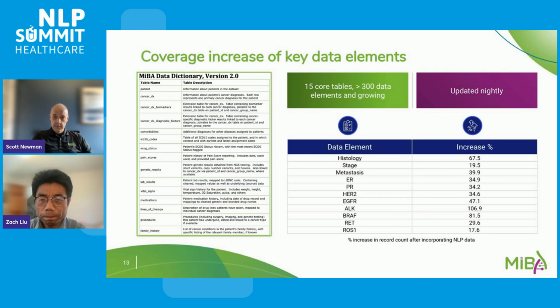So we get about 68% increase in histology if we pull data from notes and incorporate it into the data model. Staging is up to about 20%. Presence of metastasis and metastatic sites about 40%. So definitely a clear impact on seemingly quite basic things like diagnosis, staging, metastasis.